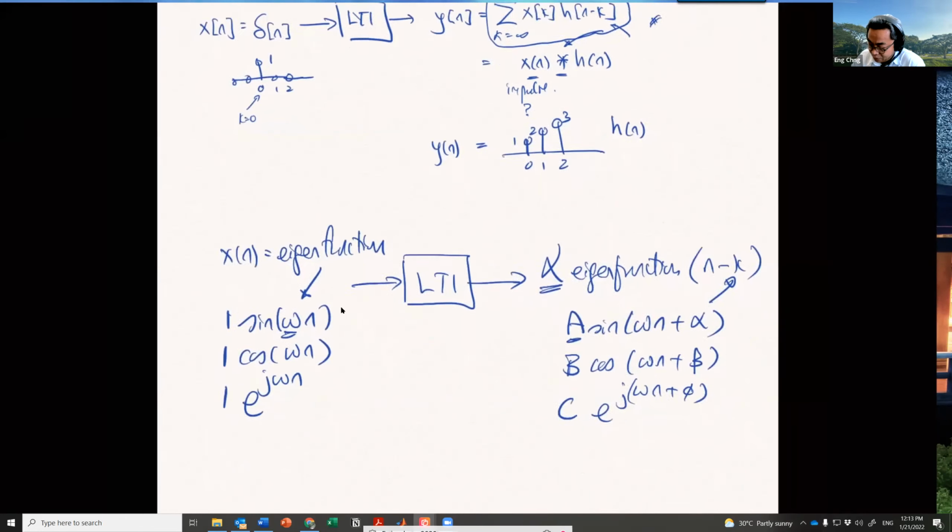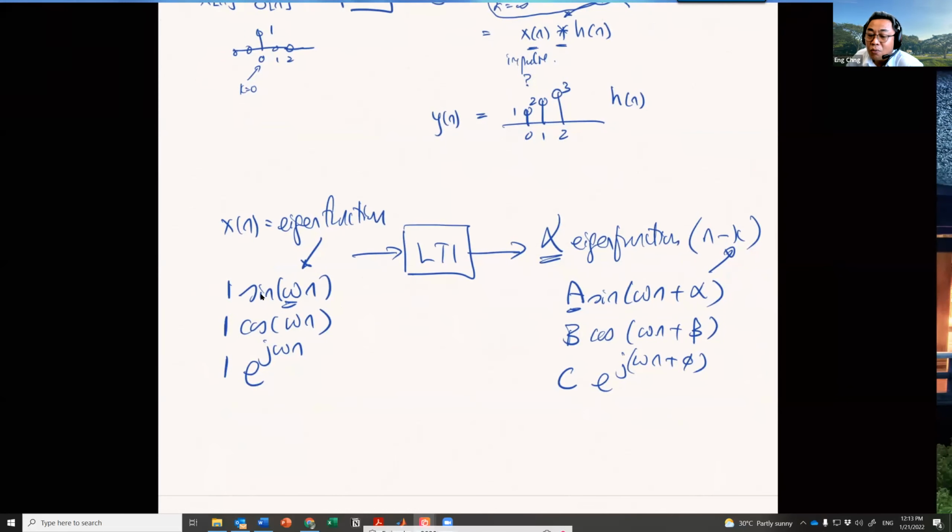So this is what we are saying. Sine, cosine, and complex exponential are eigenfunctions of LTI. LTI systems will only change the amplitude and introduce a phase, whether it is positive phase delay or negative phase delay later on.